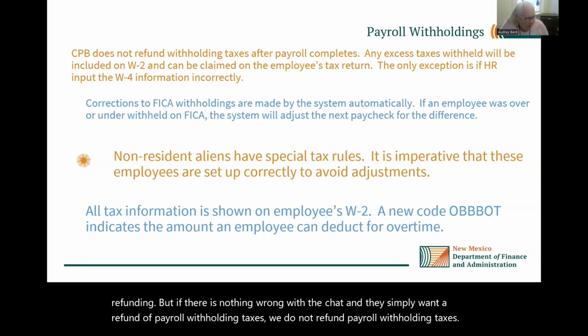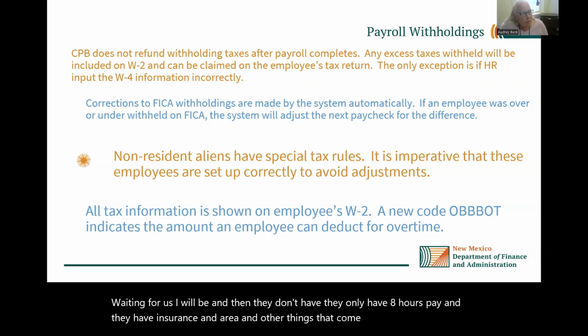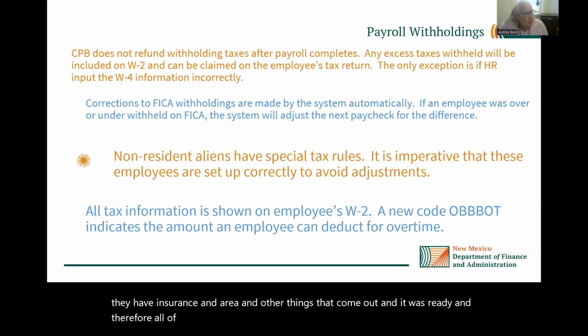FICA withholding, if, for instance, an employee is out on leave and they only have 8 hours of pay, and they have insurance and other things that come out of that 8 hours of pay, and therefore all of their FICA taxes cannot be taken, the system will automatically adjust FICA when they return to work.